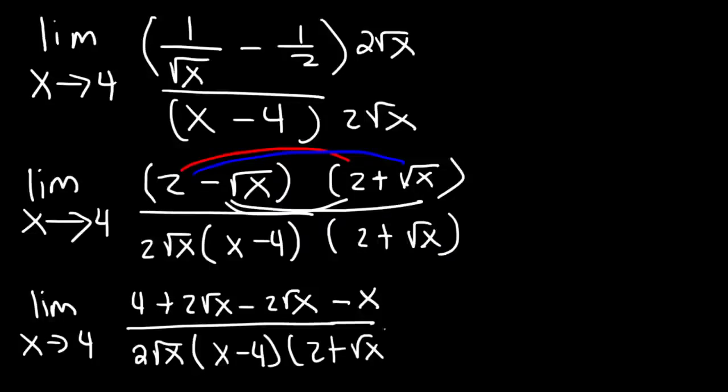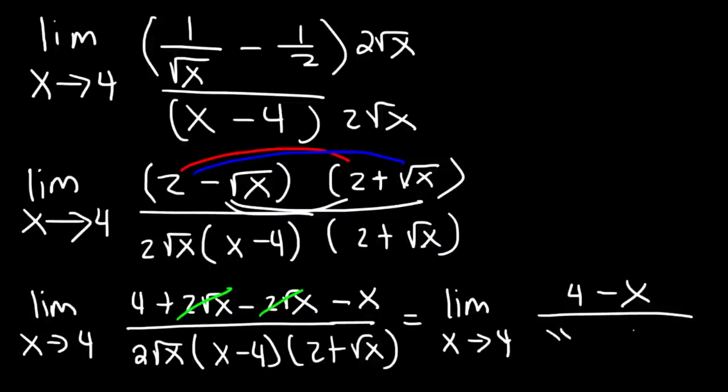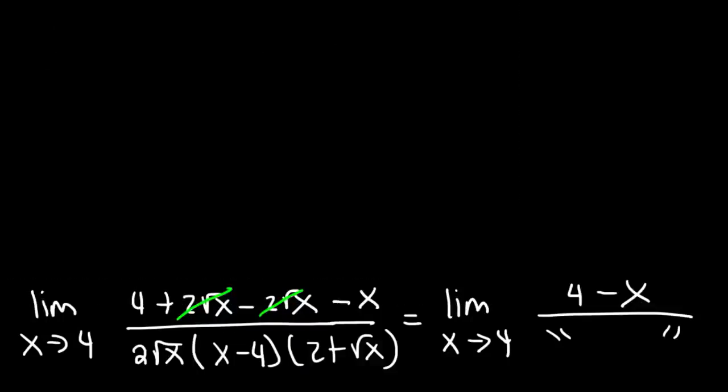If you follow these steps, it won't be that difficult. So now 2 and negative 2 adds up to 0. So what we have left over is the limit as x approaches 4 of 4 minus x divided by all the stuff that we have on the bottom. Now what we're going to do at this point is we're going to factor out a negative 1.